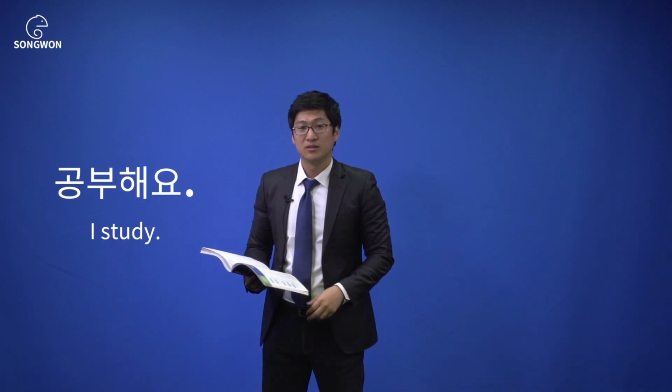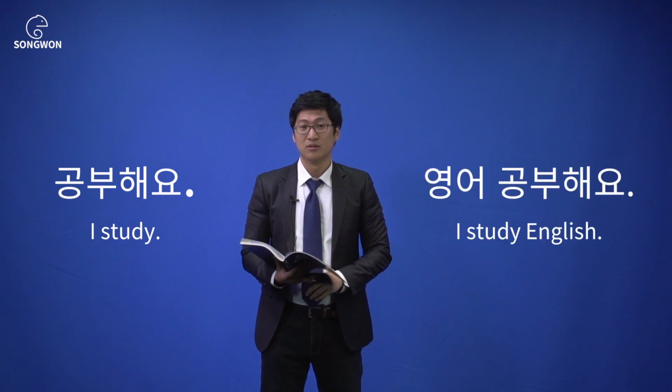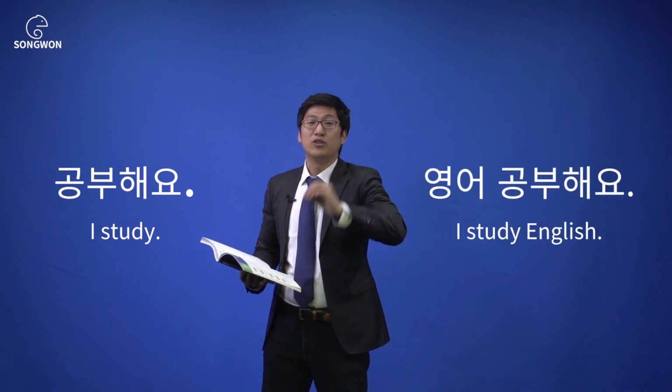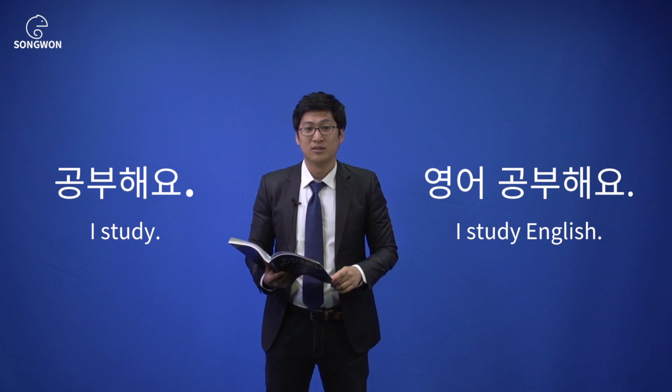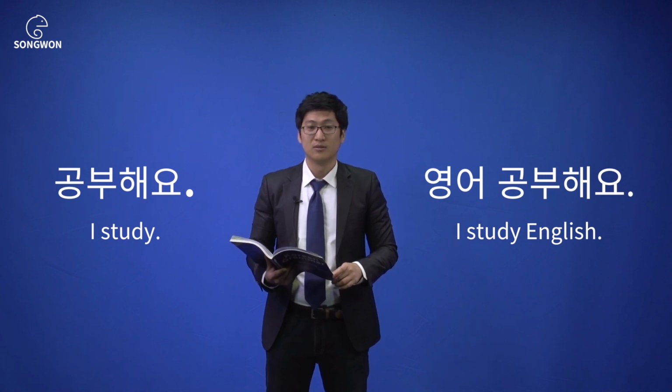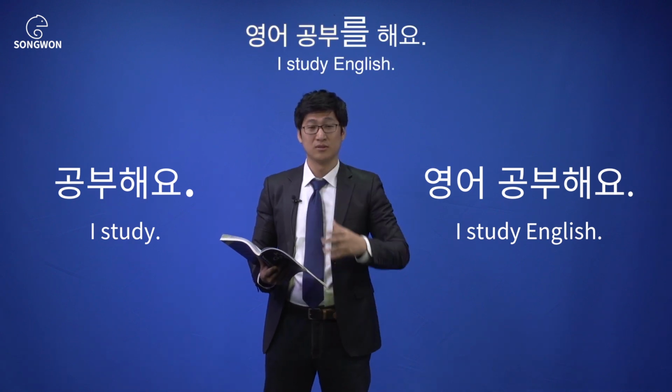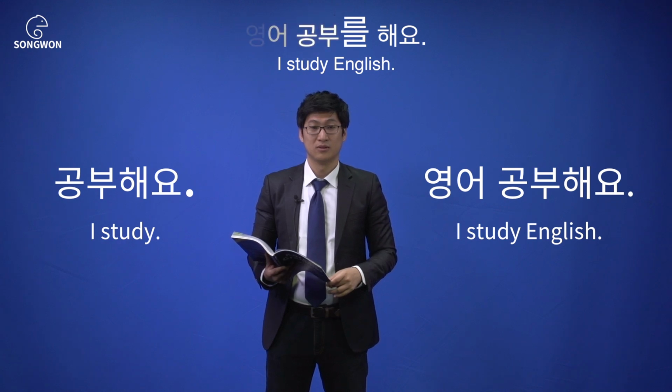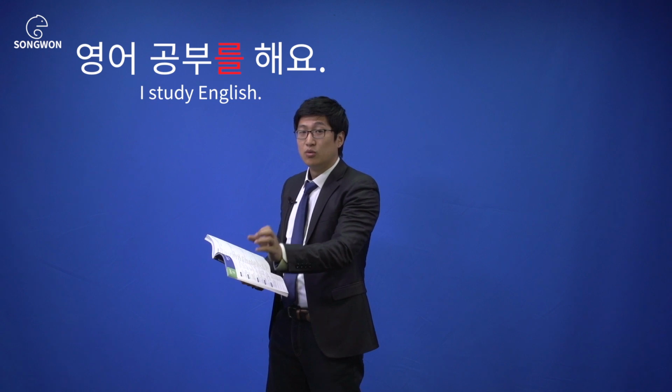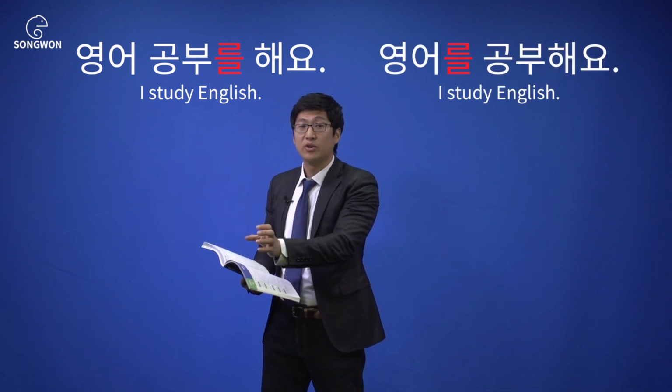How about I study? Just the normal way. 공부해요. How about I study English? 영어 공부해요. How about using 을 or 를? 영어 공부를 해요. Right. Or you can say 영어를 공부해요.